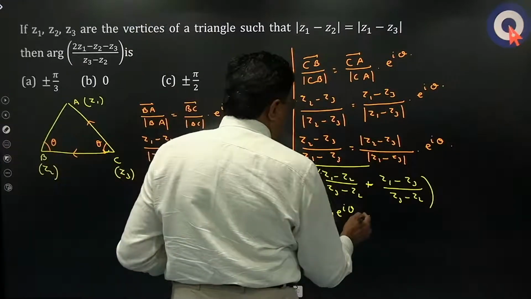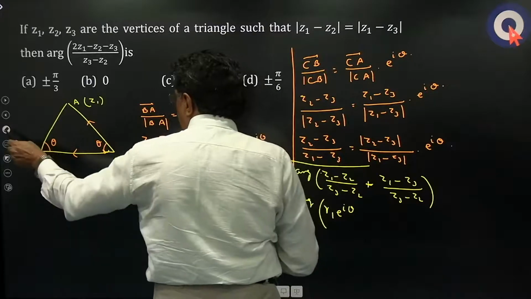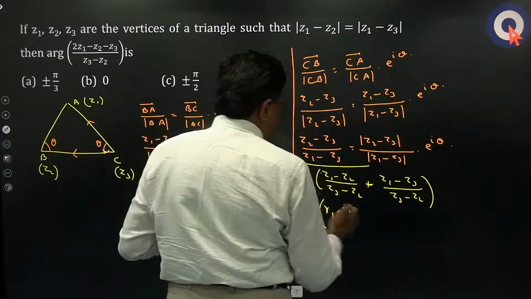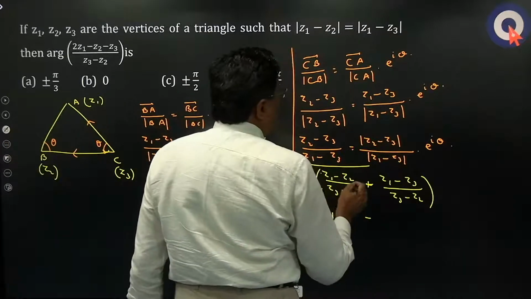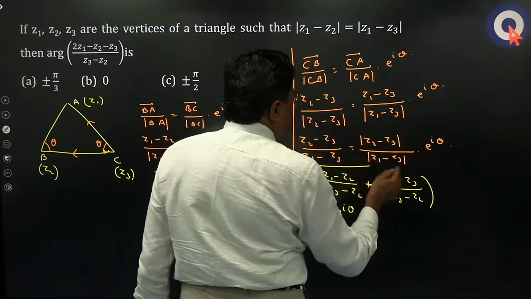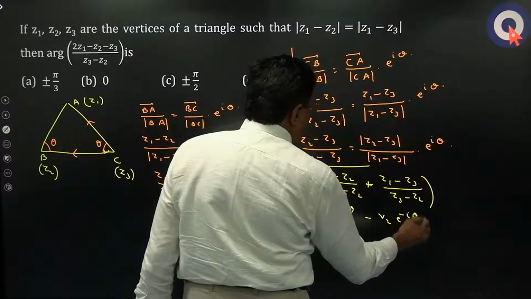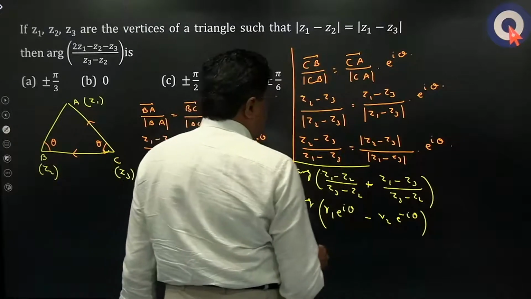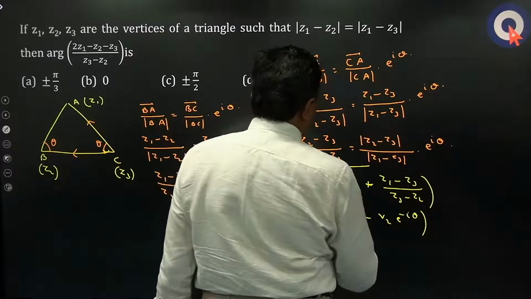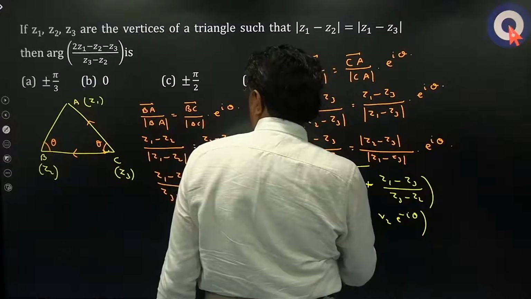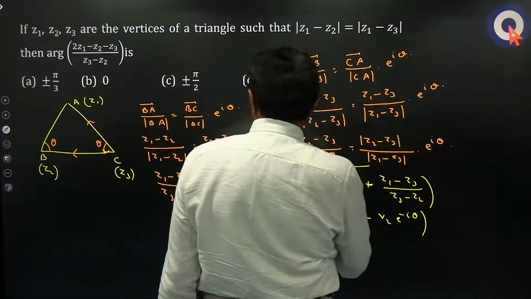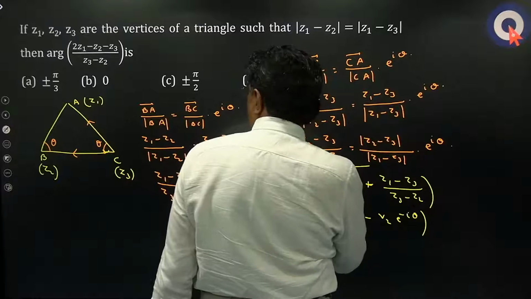So one thing is you get a negative sign here, and also e power minus I theta. So R2 into e power minus I theta. So that means what? You see Z1 minus Z2, Z1 minus Z3.